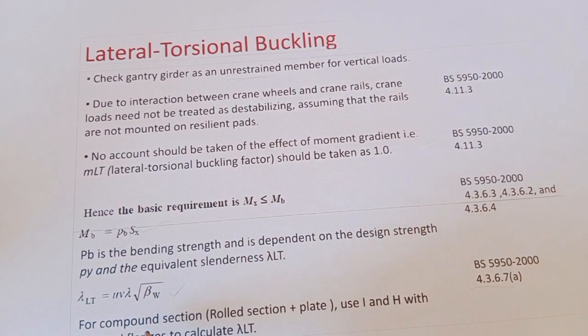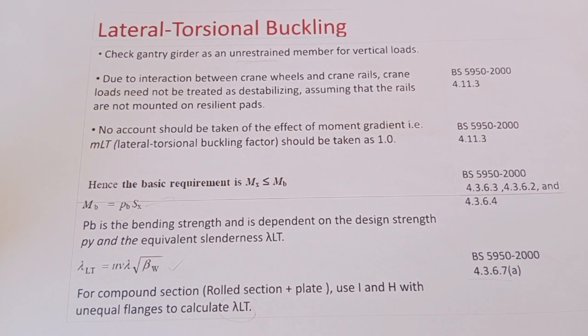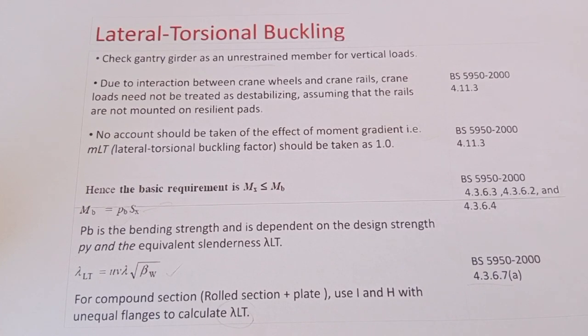If the section is compound, a rolled section plus a plate or plus a PFC, we can use the equivalent lambda LT for this equation. Anyway, it is an easy calculation for lateral torsional buckling of the section due to applied bending.